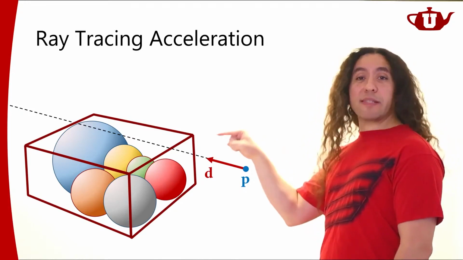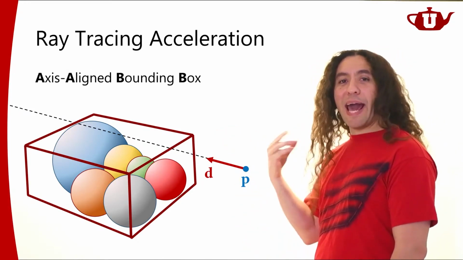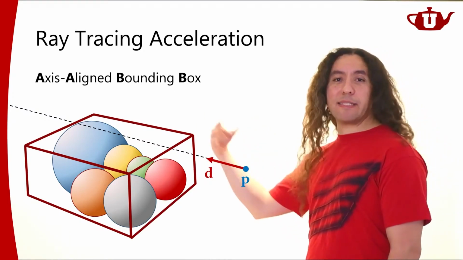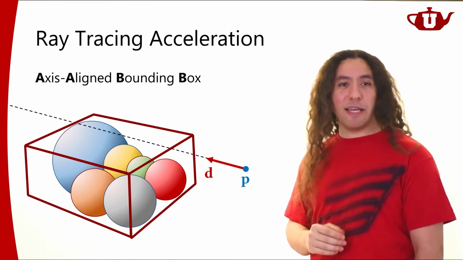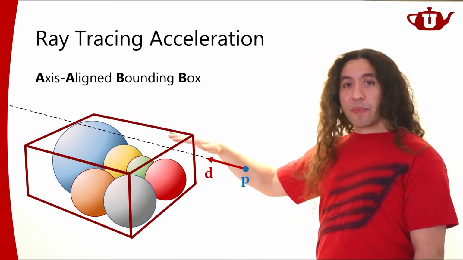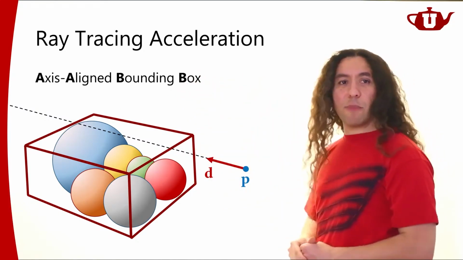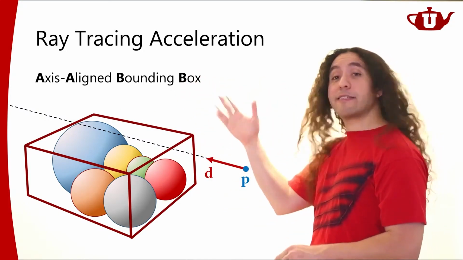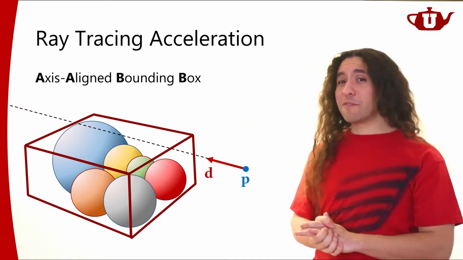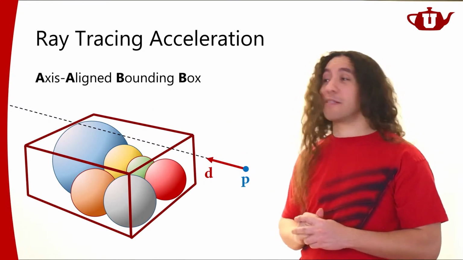And the kind of box that I would like to use is a special box that is an axis-aligned bounding box. A bounding box meaning that it is bounding everything in the scene. And it is axis-aligned, that is, each one of these 6 planes that form the ends of my box are going to be axis-aligned planes, right? And there's a good reason for using axis-aligned planes for defining this axis-aligned bounding box.